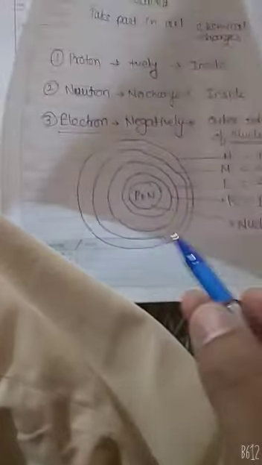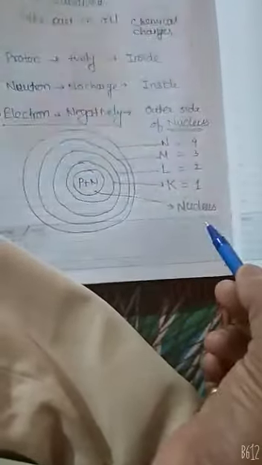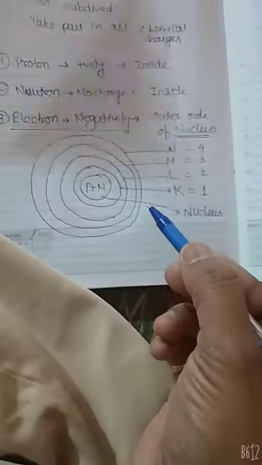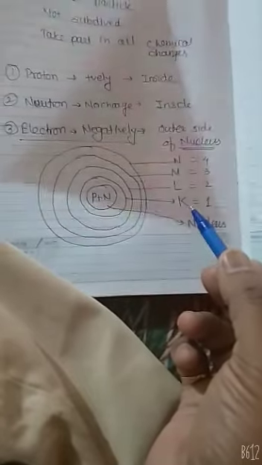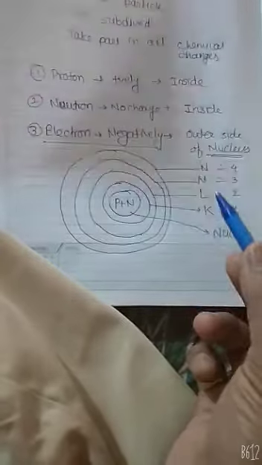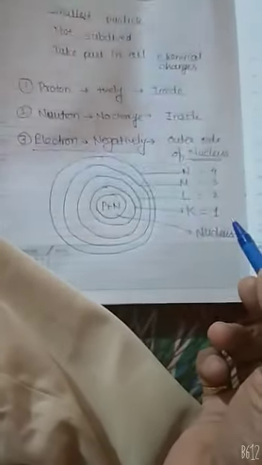So here our basic structure is completed. In the central part, proton and neutron are present and collectively it is called nucleus. The extranuclear part belongs to the electrons and they are present in fixed circular paths called orbits or shells, named K, L, M and N, and represented by the numbers 1, 2, 3 and 4.